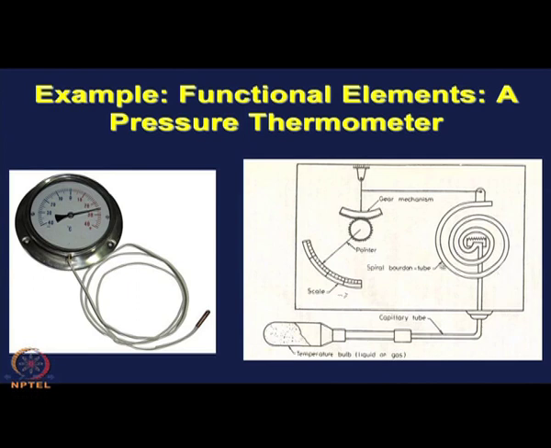The spiral Bourdon tube is chosen here because the tip deflection further increases if we take a spiral type Bourdon tube instead of a C type Bourdon tube. So, we essentially increase the sensitivity of the Bourdon tube by converting it from a C type Bourdon tube to a spiral type Bourdon tube.